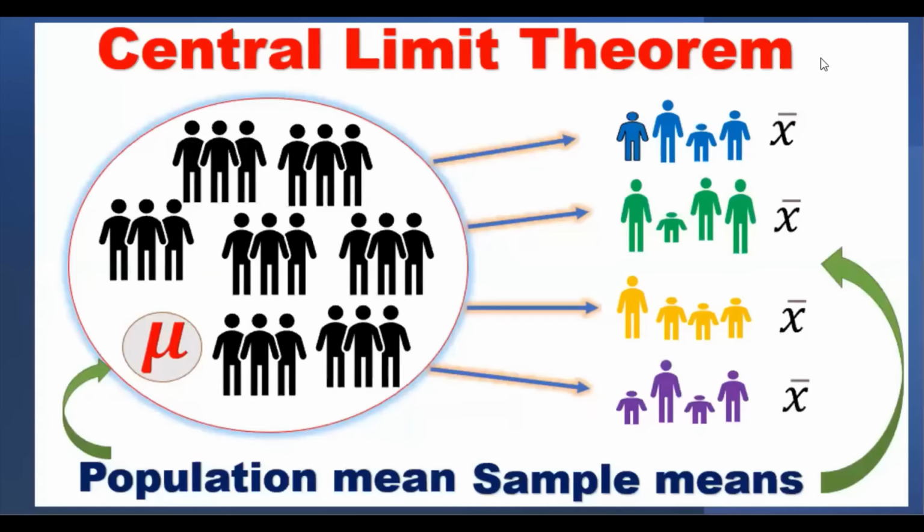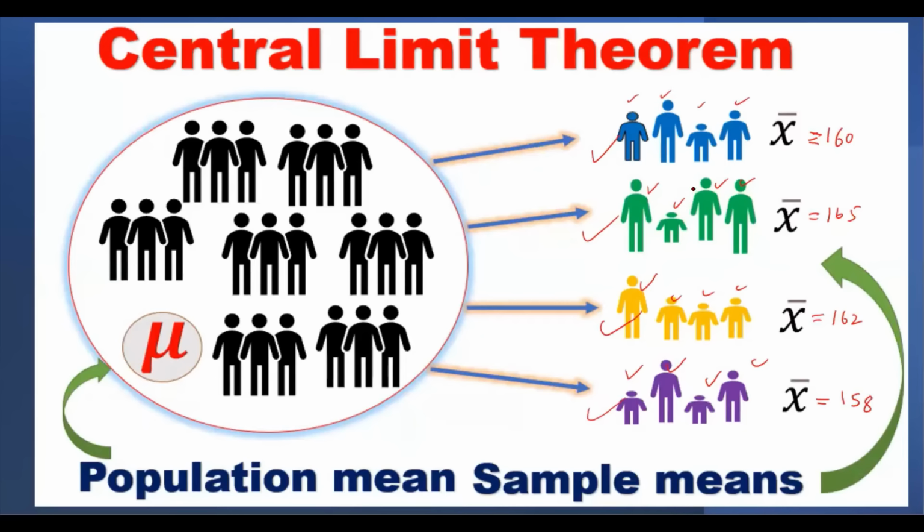So instead of taking one sample, we'll take 4 samples. We'll measure their heights and find the mean. For the second sample, we'll measure their heights, we'll find the mean. For the third sample, we'll measure their heights and find the mean. And then for the fourth sample, we'll measure their heights and find their mean.